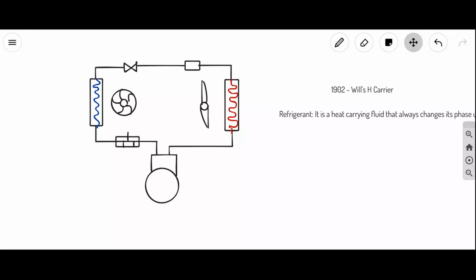Here the refrigerant is making a cycle, so it is called a refrigeration cycle. If water circulates, we call it a water cycle. If air circulates, we call it an air cycle, depending on the medium.